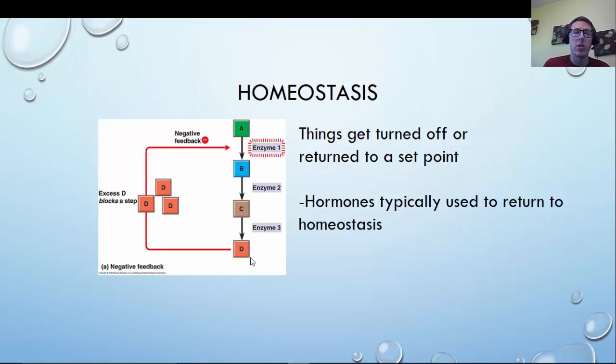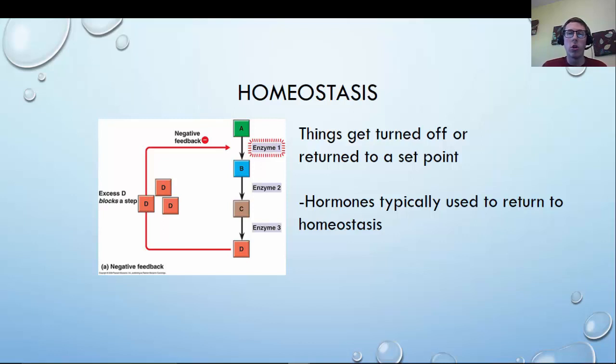That way you don't continue to make things. When you get enough of it, it turns off things upstream so that enzyme stops making things. It can also refer to thermoregulation, where if we're too hot, we sweat and our blood vessels dilate.